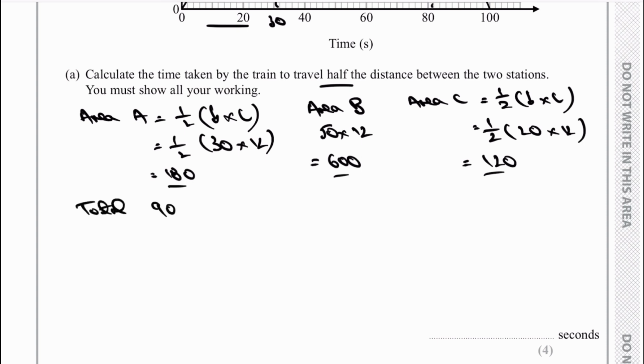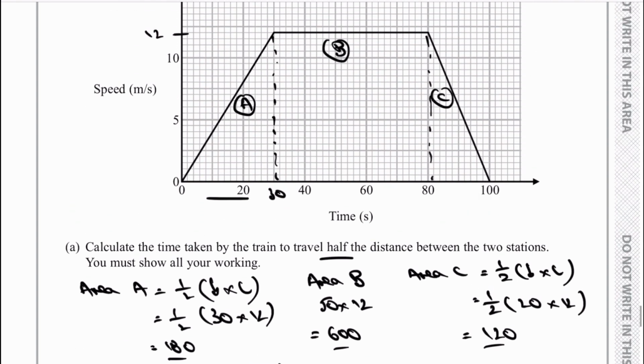be 900 meters. Okay, now we're being asked to work out the time taken to travel halfway, which is going to equal 400 meters. Okay, well, let's have a look at the first section of our journey. The first section of our journey, I know it's going to take me 30 seconds to travel 180 meters, because what I've said is this is 180 meters and this is the time it's taken me.